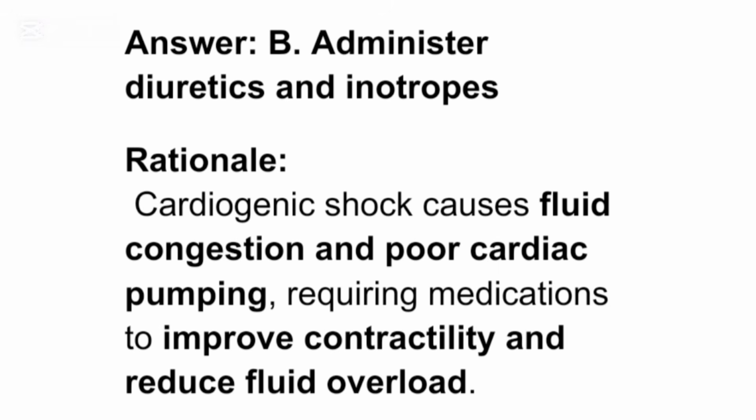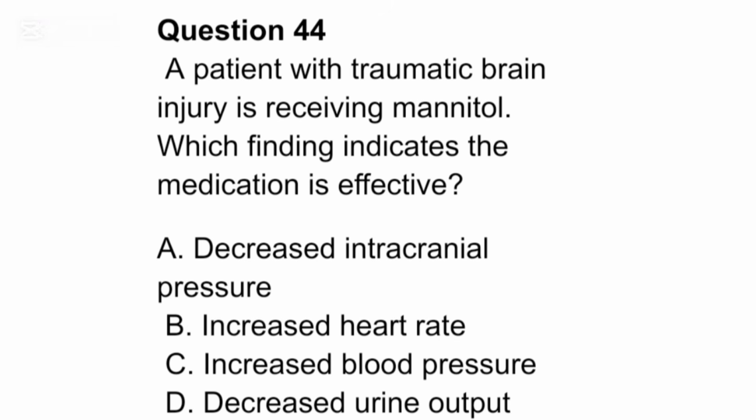Rationale: Cardiogenic shock causes fluid congestion and poor cardiac pumping, requiring medications to improve contractility and reduce fluid overload. Question 44. A patient with traumatic brain injury is receiving mannitol. Which finding indicates the medication is effective?